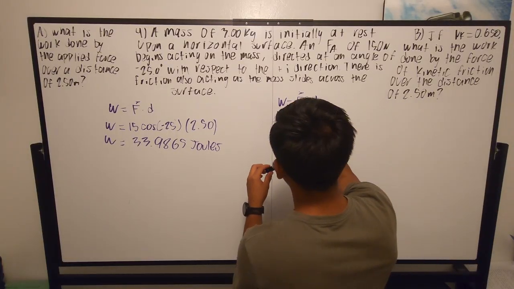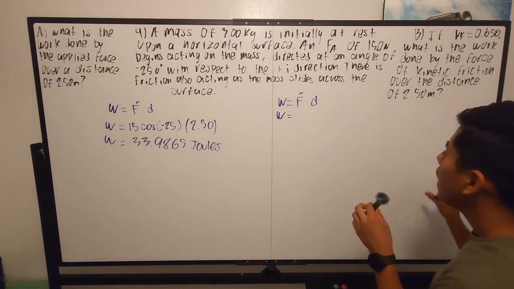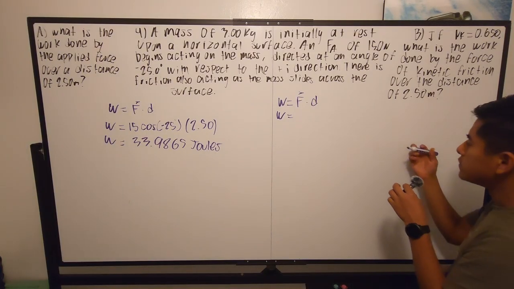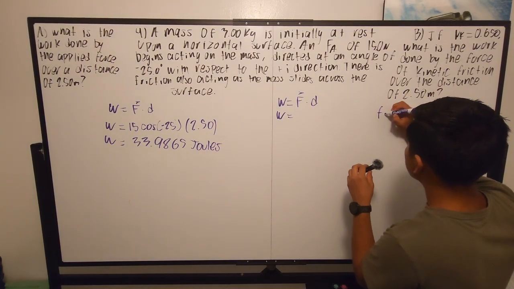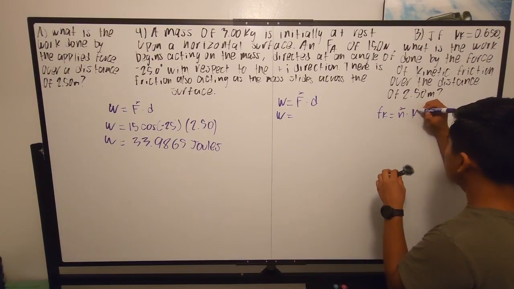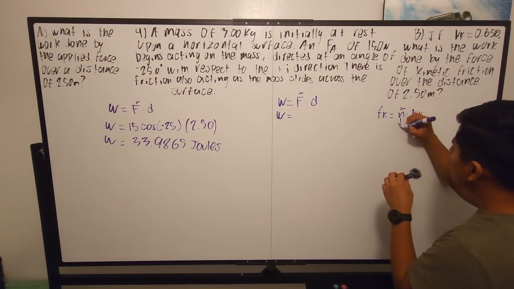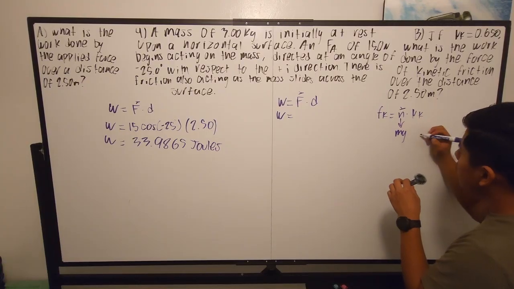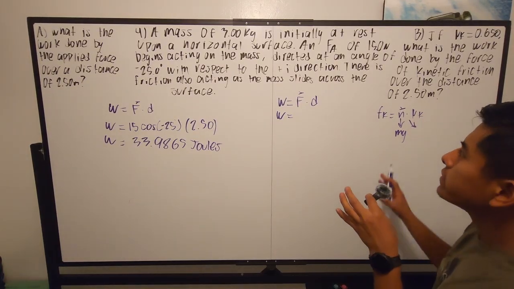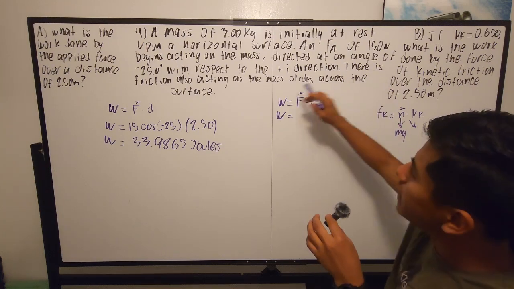Now we have work equals the force. The force of kinetic friction is equal to the normal force multiplied by mu k. For the normal force, we normally just have mg, but we are told that we have an applied force at this angle.